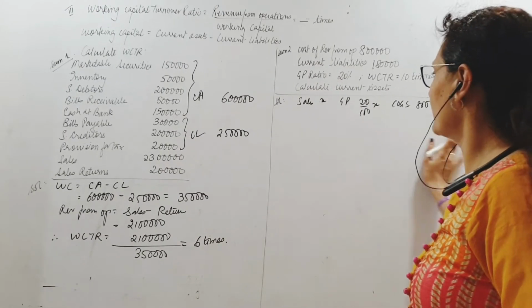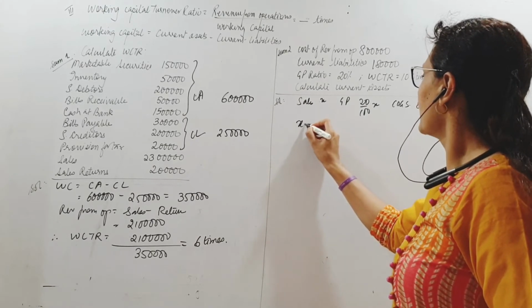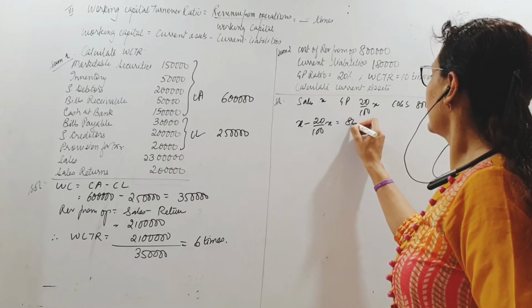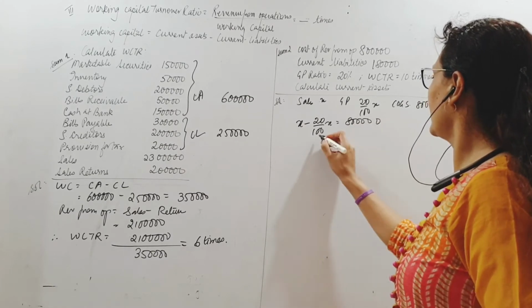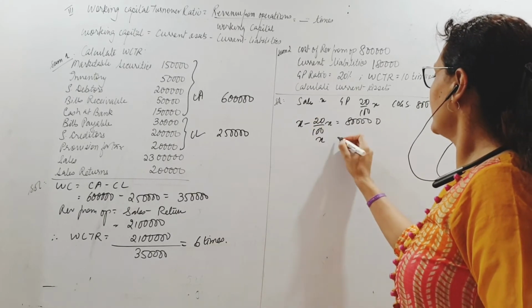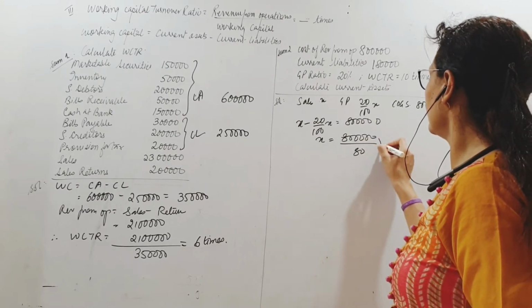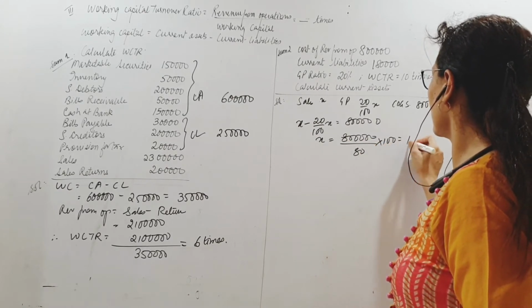I can frame an equation here. Sales minus GP is 8 lakhs. So if you solve for X, it becomes 80% of X. So 8 lakhs divided by 80 into 100. So 10 lakhs.